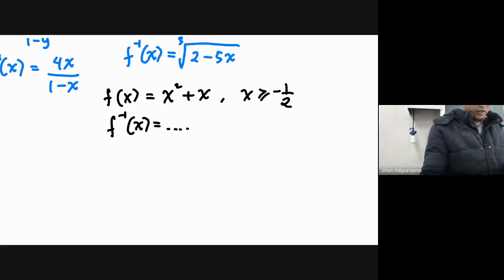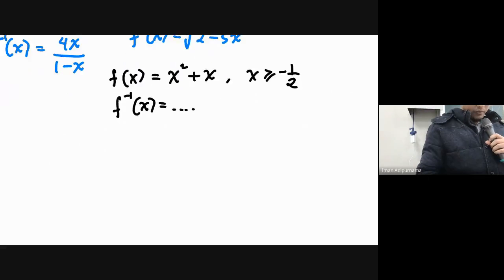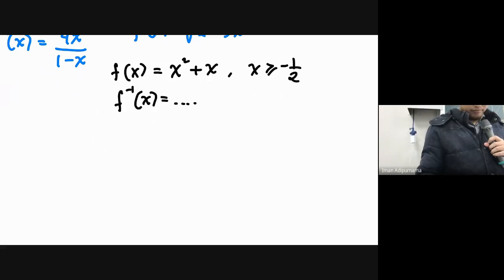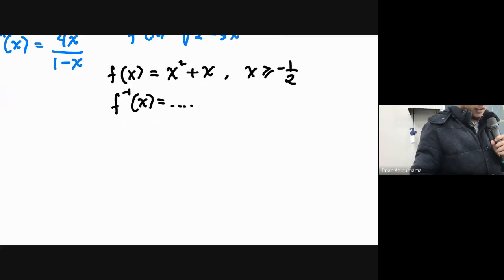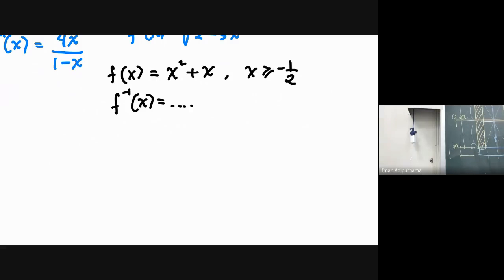Let me write this. Basically, because in inverse, you need at least your y and x to be interchangeable, right? So you need to make this x squared plus x interchangeable, so you can have x equaling y.